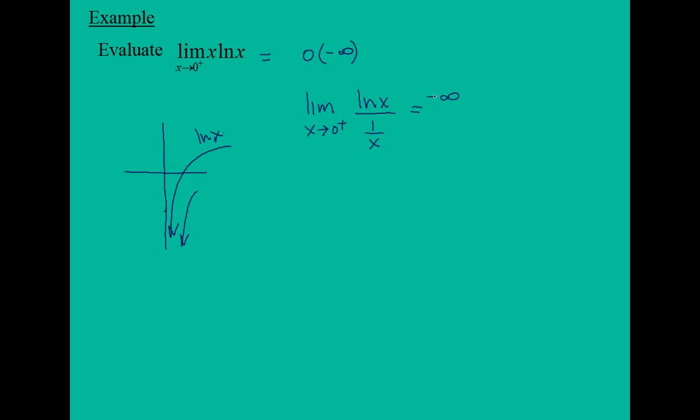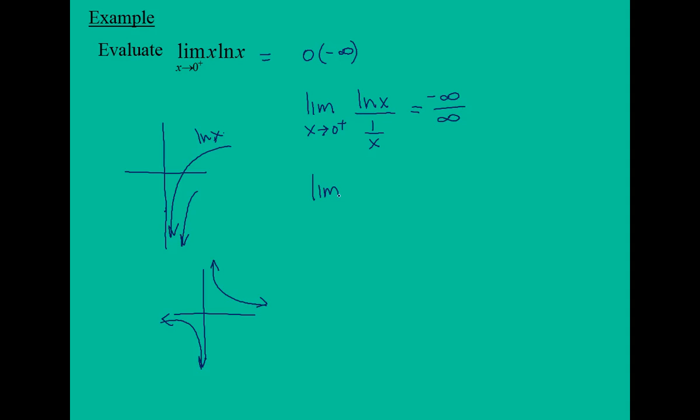And if you graph 1 divided by x, it looks like this. As x goes to 0 from the right, we can see that's going off to infinity. So now we can apply L'Hopital's rule.